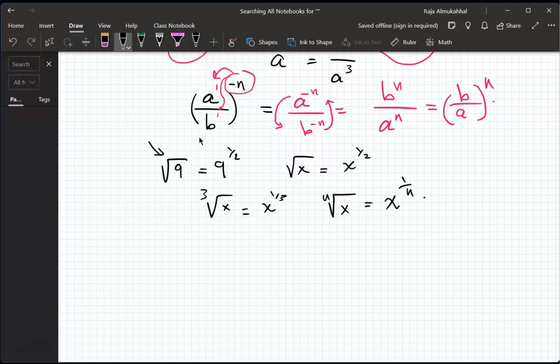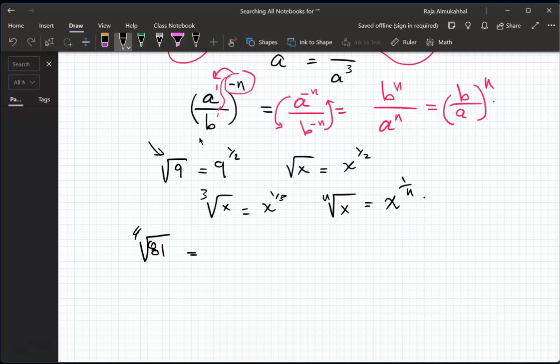This is important. Let's say, for example, I'm using my notes here. Let me flip the pages. So for example, if I ask you what is the fourth root of 81 without using a calculator, how would you do something like that?